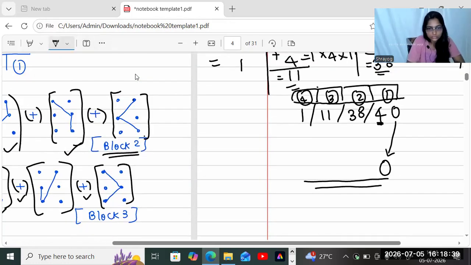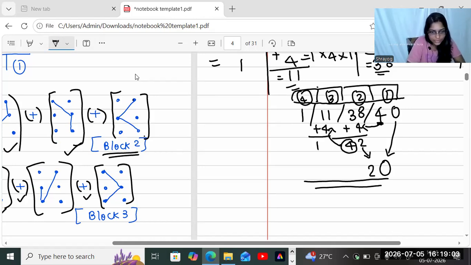So here 4 gets added to block 2: 38 plus 4, I get 42. From this 42, the unit place digit will come in the answer and this extra 4 will again get added to the next block.